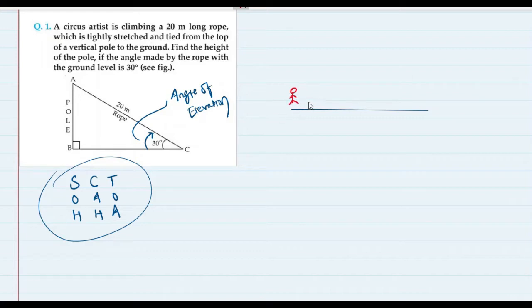No need for a boy, a person, anyone standing. If this person is looking in a straight line, this is known as the line of sight. Our general line of sight is along a straight line parallel to the ground.